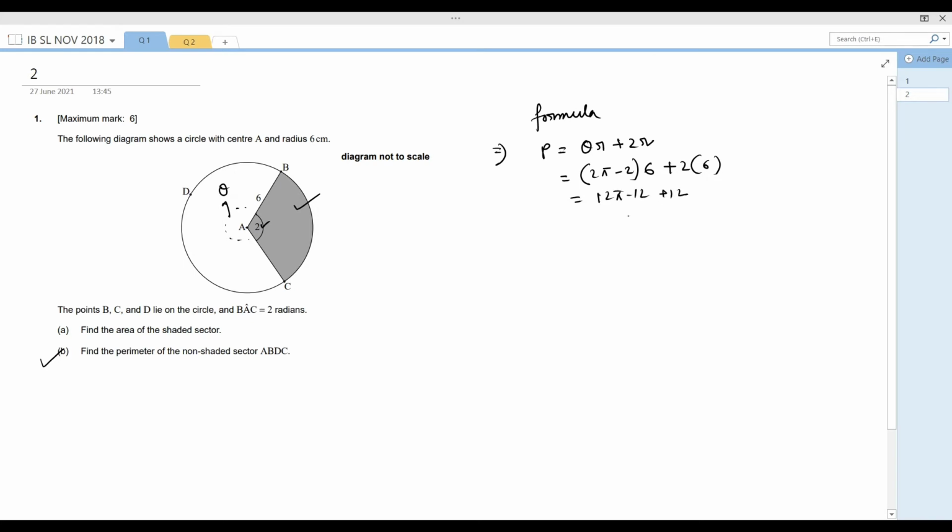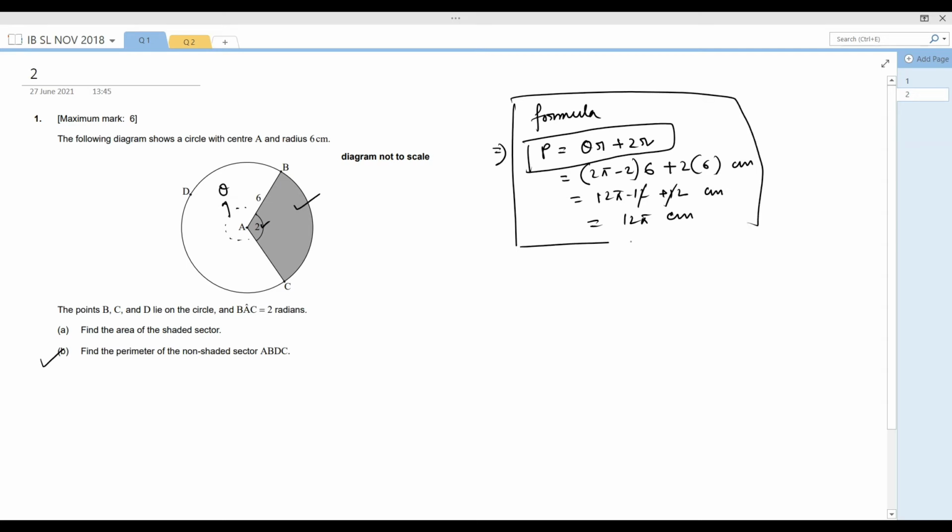The unit of perimeter is centimeter. 12 cancels out, so 12 pi centimeter. If you use the formula P equals theta r plus 2r, then it is okay. But what if you forgot the formula?